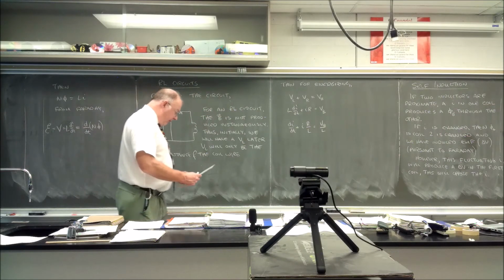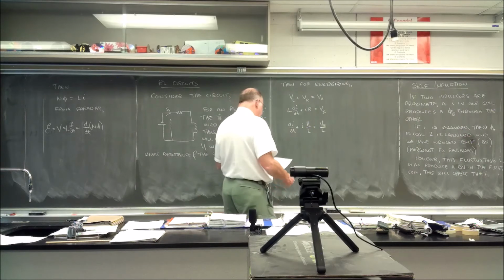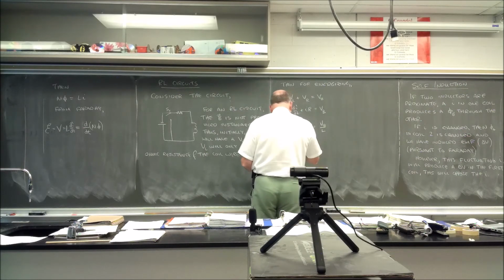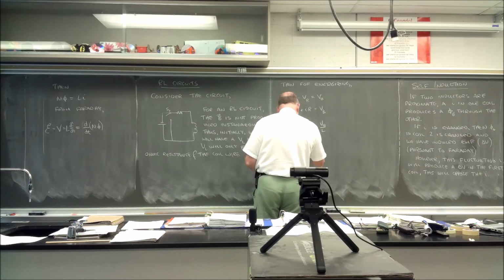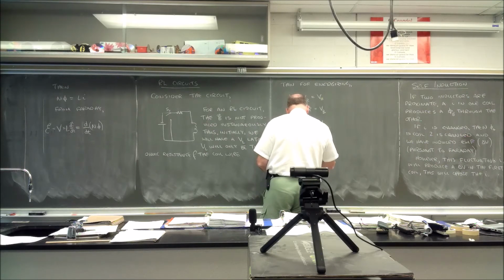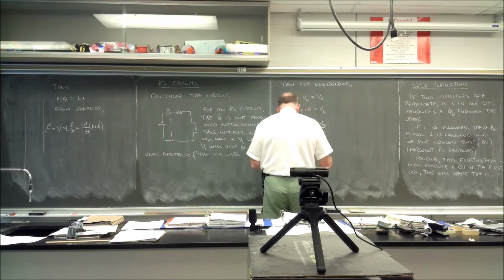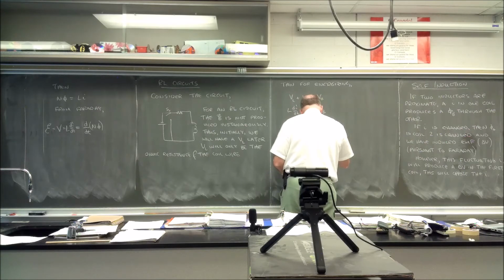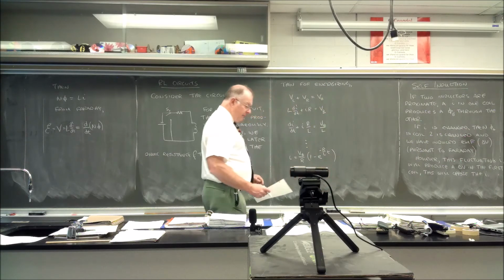I'm not going to worry about this, we've done enough of it. So I would equal V sub B over R times (1 minus e to the minus R over L times t). Let's see what that means.